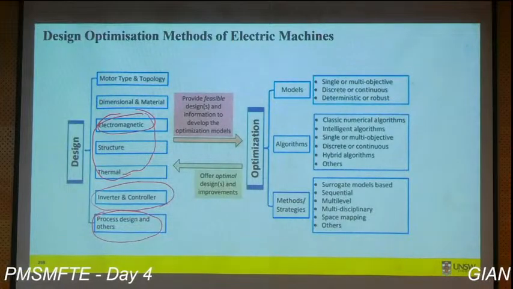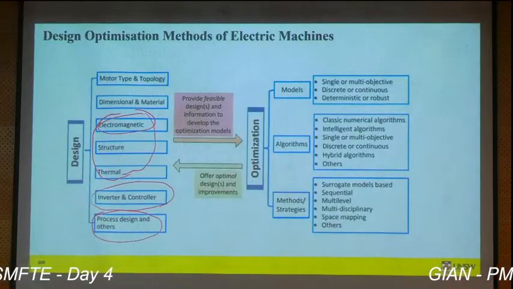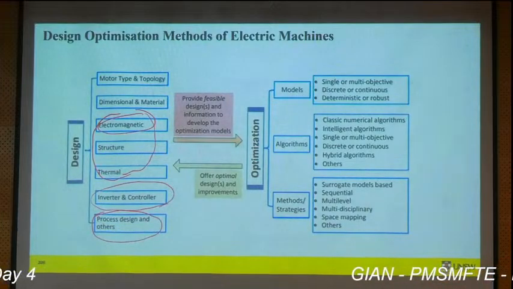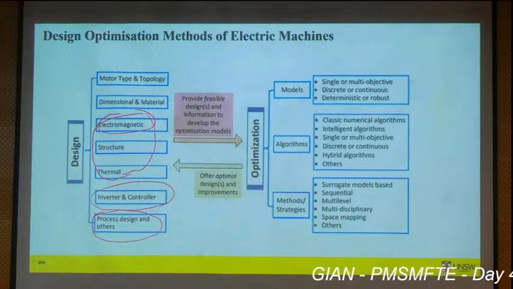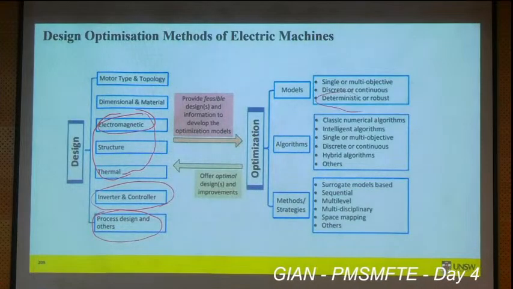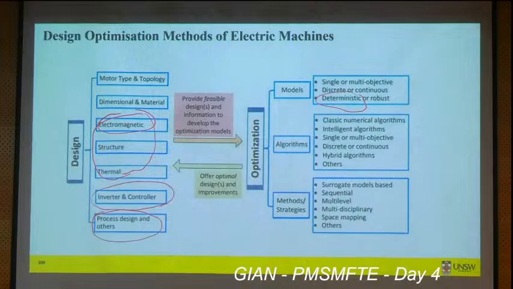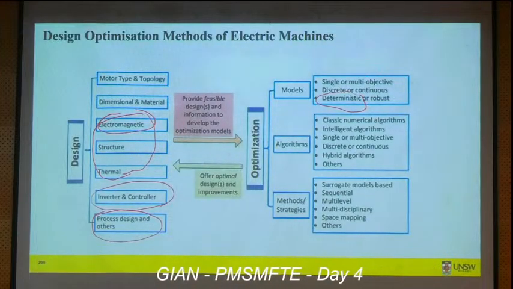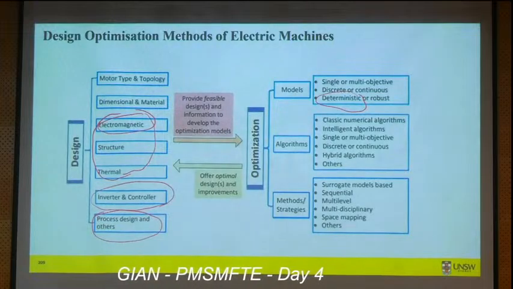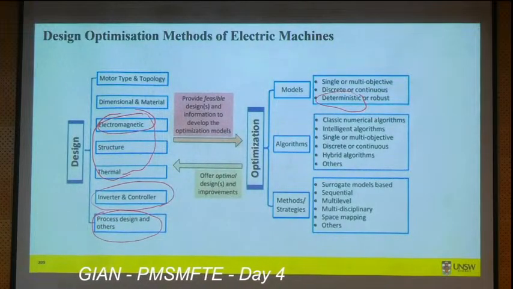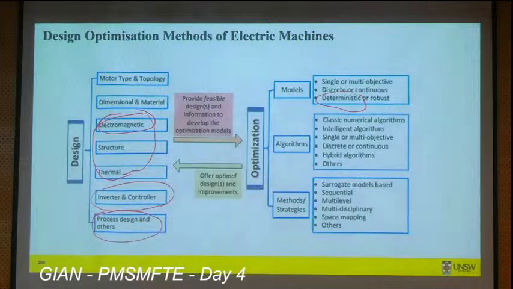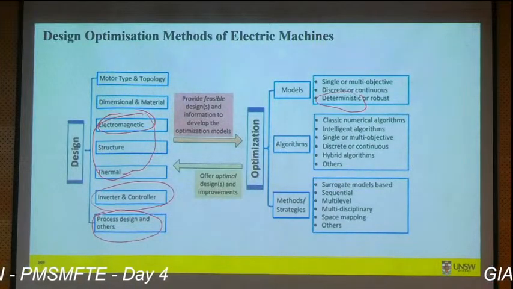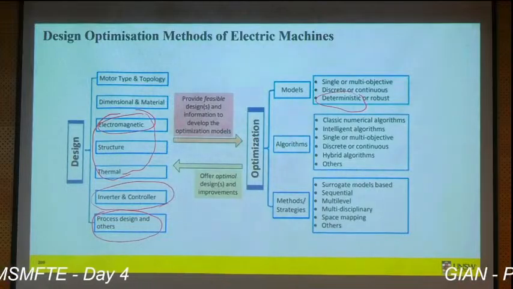Okay, so usually the model based ones are a kind of deterministic method, so they may not guarantee that we arrive at the global optimum design. Okay, and also the model needs to be very accurate. Only then can you use the simple model based method.